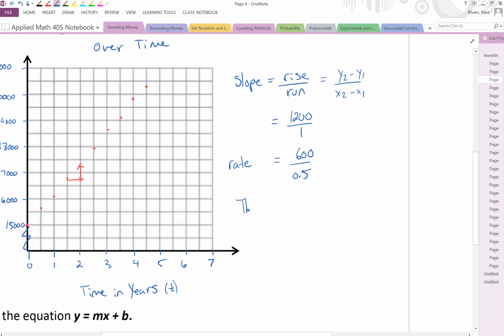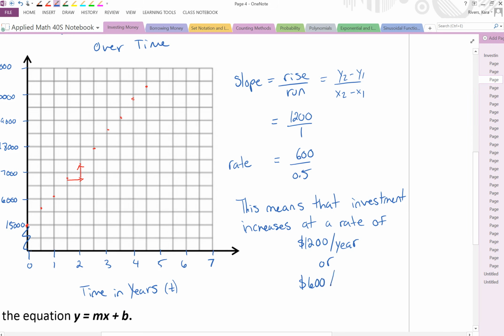So let's just write a little statement here. This means that the investment increases at a rate of $1,200 per year, or you can say $600 per half year.